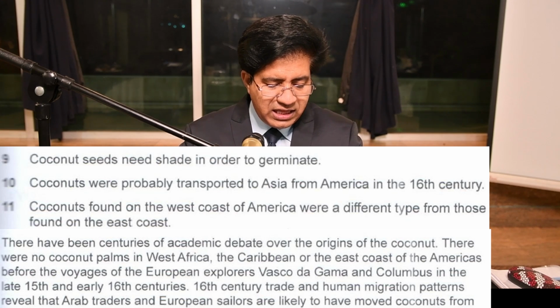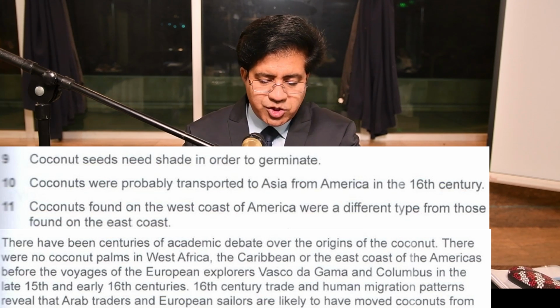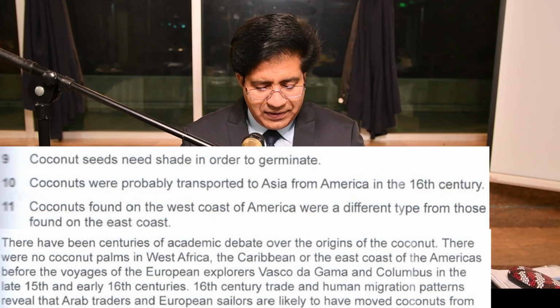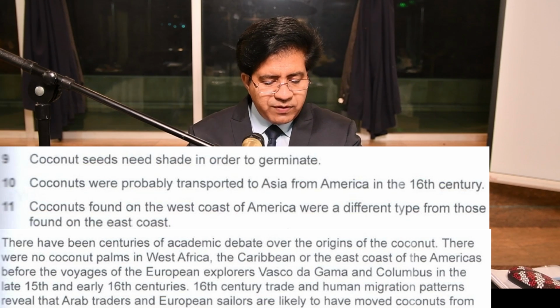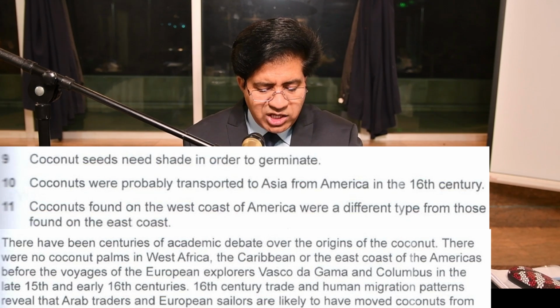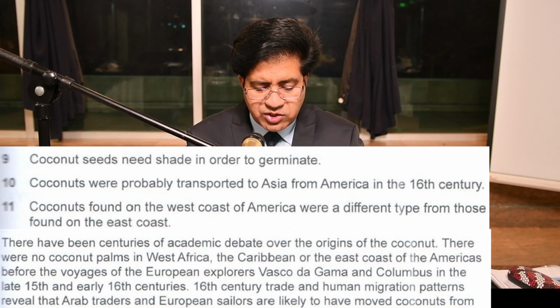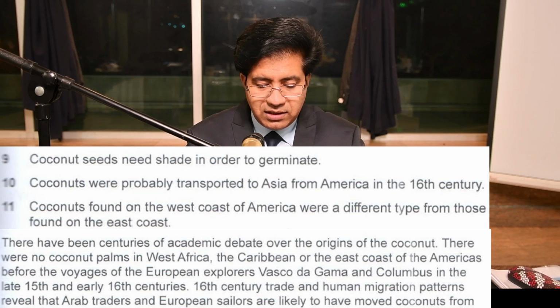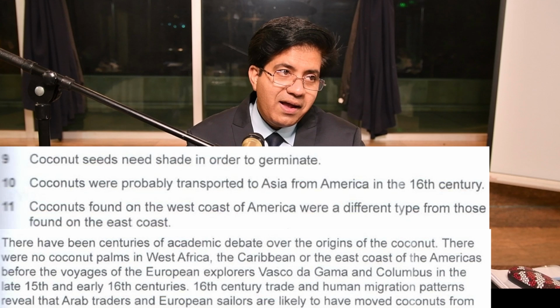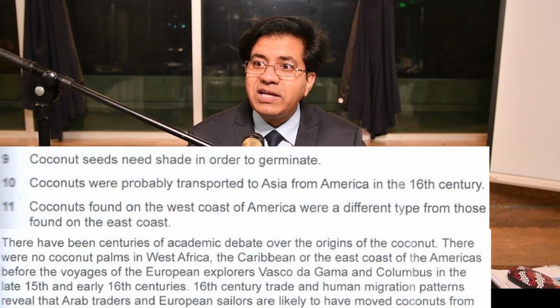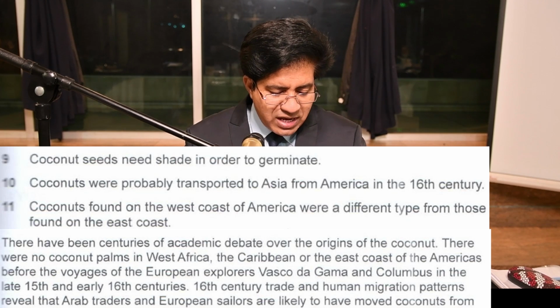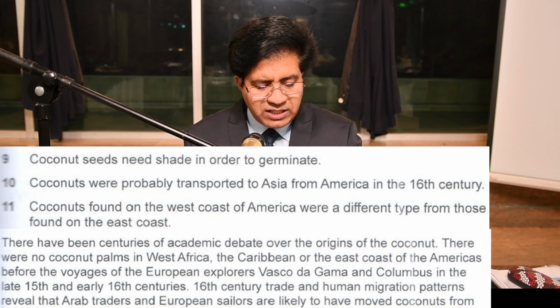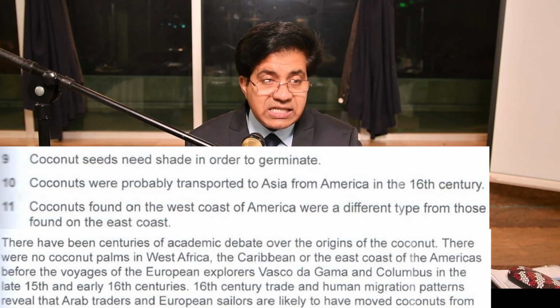Late 15th and early 16th century. And what is there? Coconuts were probably transported to Asia from America in the 16th century. No, it is false. Why not given? For 16th century, they have used the words late 15th and early 16th.